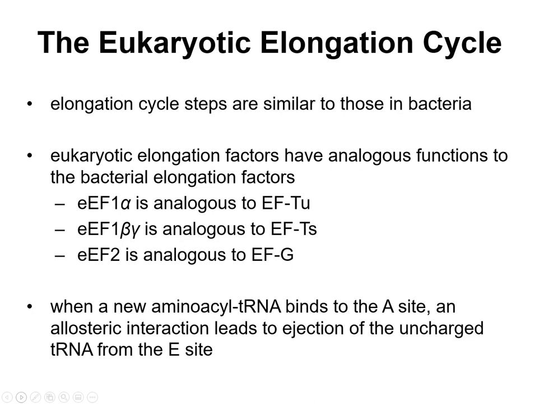And those are all analogous with EFTU, EFTS, and EFG. Notice how, again, there's the lowercase e for eukaryotic. When a new aminoacyl tRNA binds to the A site, there's an allosteric interaction that leads to the ejection of that uncharged tRNA from the E site.